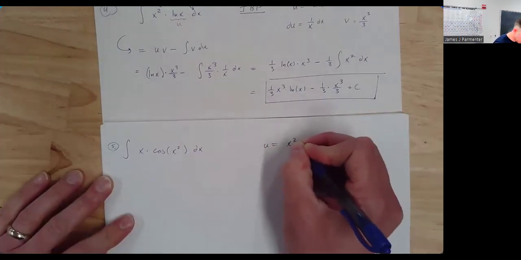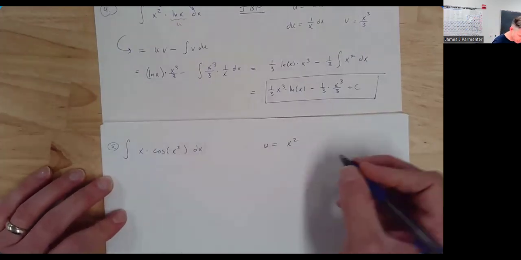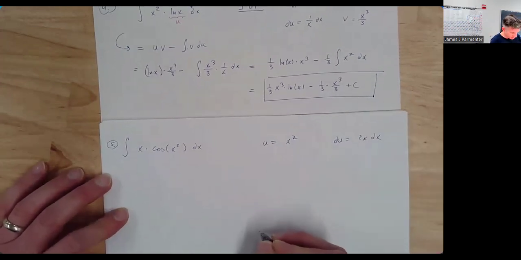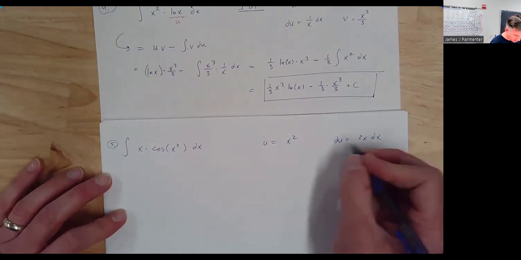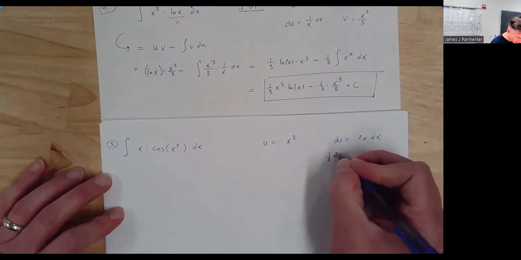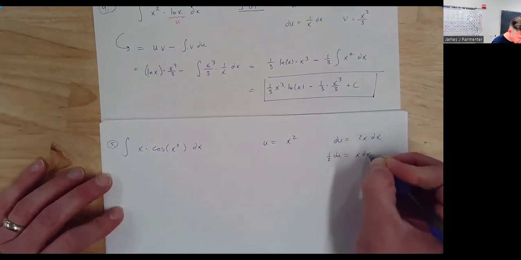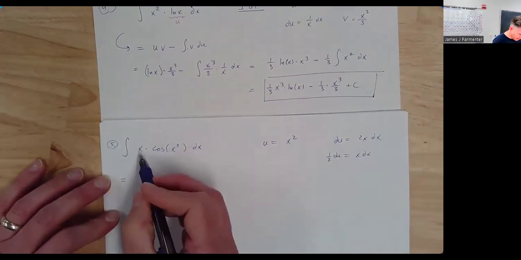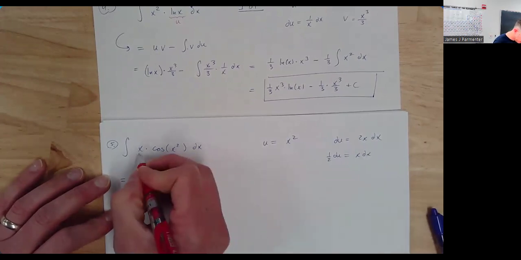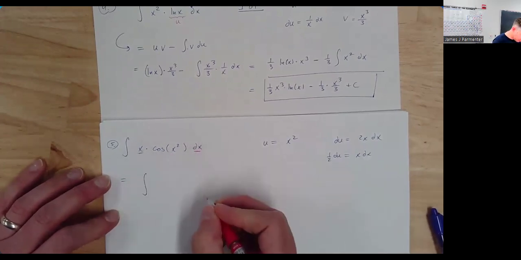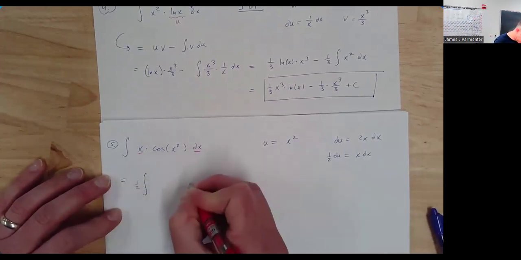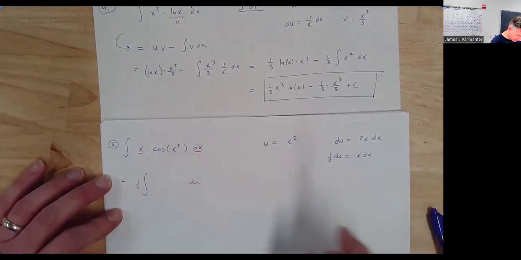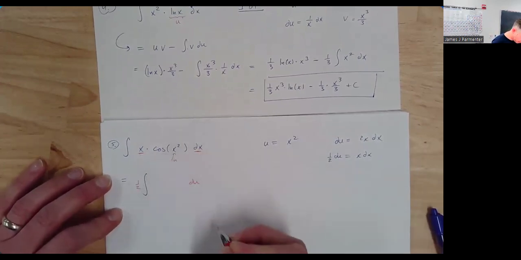x squared, because it's inside the cosine and its derivative is practically there. My du is equal to 2x dx, so multiplying both sides by 1/2, my 1/2 du is equal to x times dx. And I can rewrite this integral as, well, the x times dx is going to be equal to my 1/2 du, and my cosine of x squared is now going to be cosine of u.